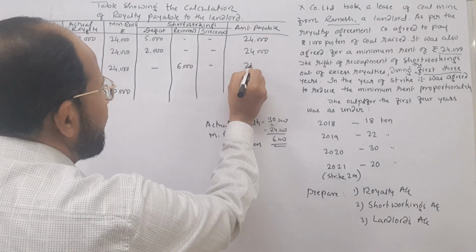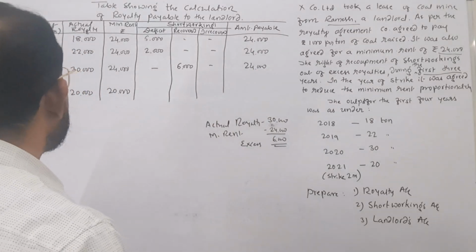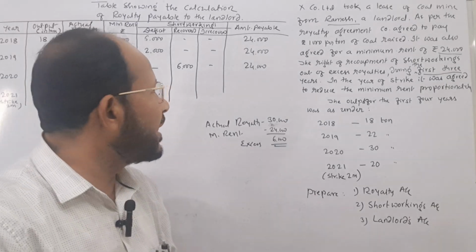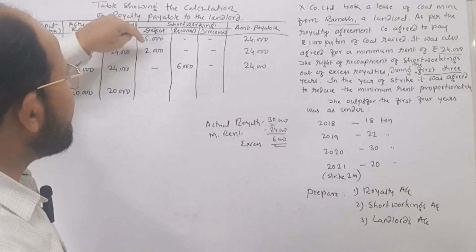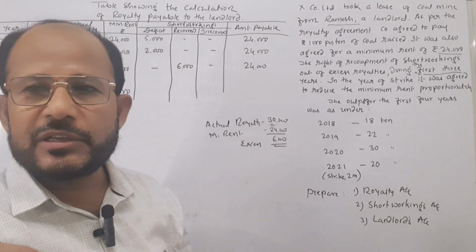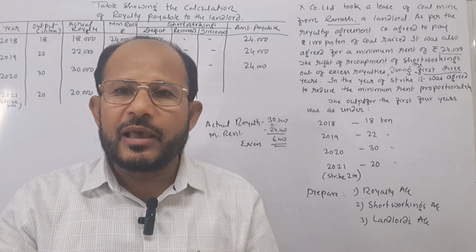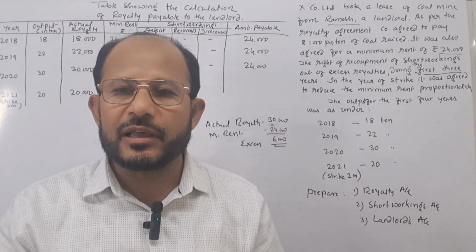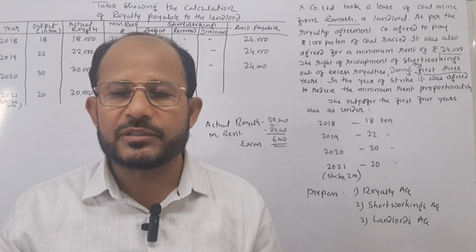Again, the amount given to the landlord is rupees 24,000. Now, one important aspect is there. Here rupees 2,000 is called irrecoverable, because this is the third year. In this year only, the company has the chance to recover the short workings of the earlier years, but it could not recover the full 8,000.